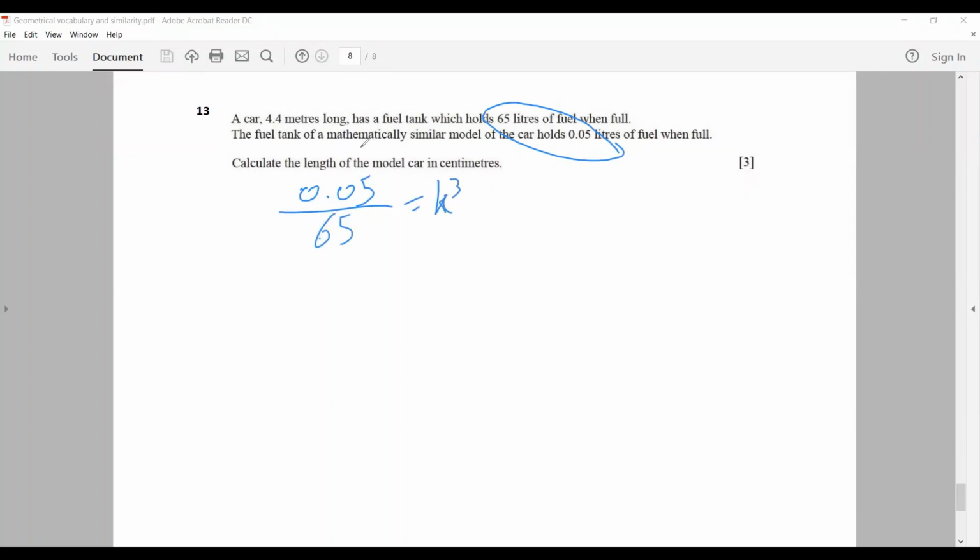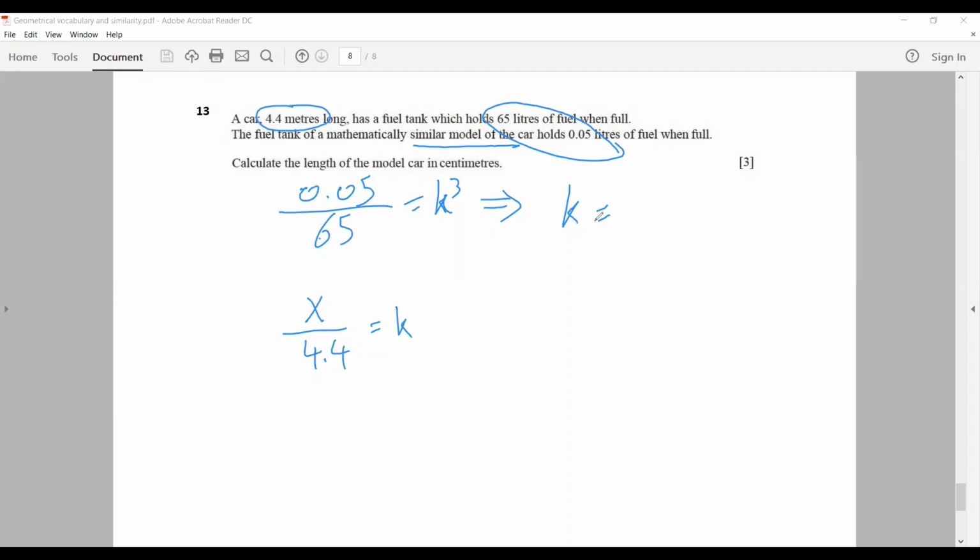And then if the length of the smaller car is x and the length of the real car, the bigger car, is 4.4, this should be equal to k. Right here, you get the value for k, and then you substitute it in the second equation that we formed here. So what is the value of k? 0.05 divided by 65. And then you take the cube root of that using your calculator.